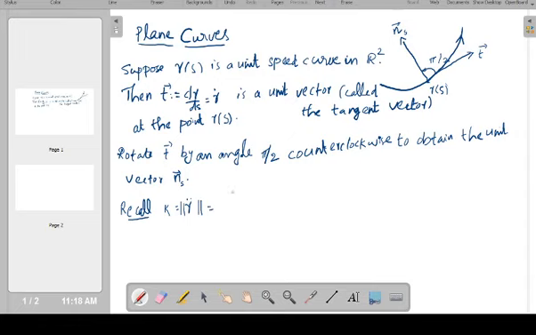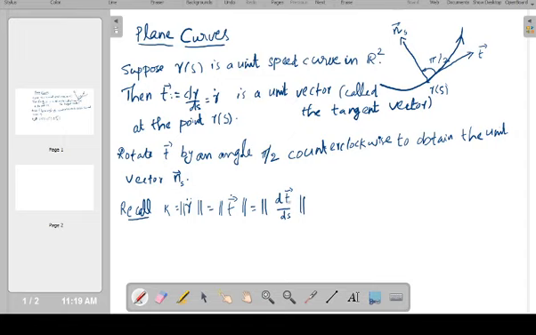It is T dot, so the norm of dT by ds. dT by ds means the rate of change of the unit tangent vector T with respect to s.